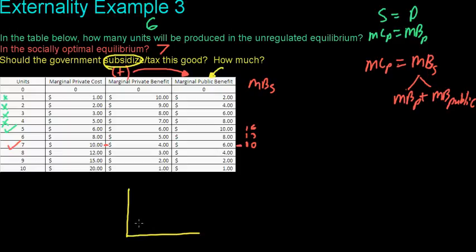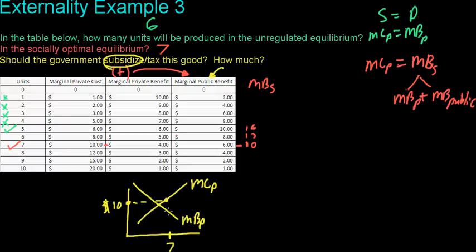So if this is 7 units of output, this cost up here is 10. That's $10. And this is the marginal cost, the private marginal cost, which is equal to supply. And then the demand, this would be the marginal benefit, the private marginal benefit, the private demand.